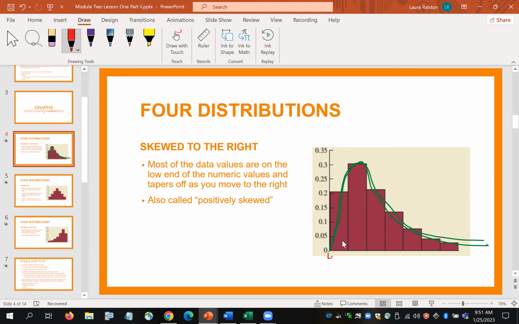Okay, so again, remember your scale runs low to high. That's skewed right. In my mind, I think about it being backwards. If it's humped on the left, it's skewed to the right. Humped to the left, it's skewed on the right.